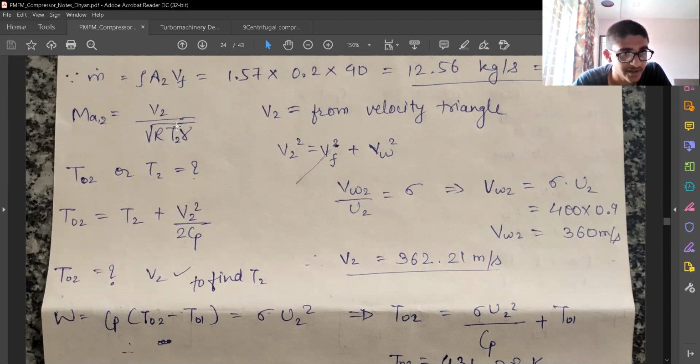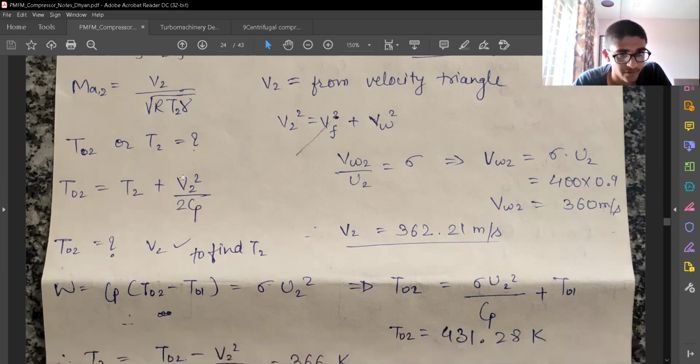And then another thing required is the temperature T2. So here we cannot use the stagnation or total temperature at outlet. We need to find out the actual temperature. So we already know the velocity, and the inlet temperature is already known. We can find out the temperature from work done expression.